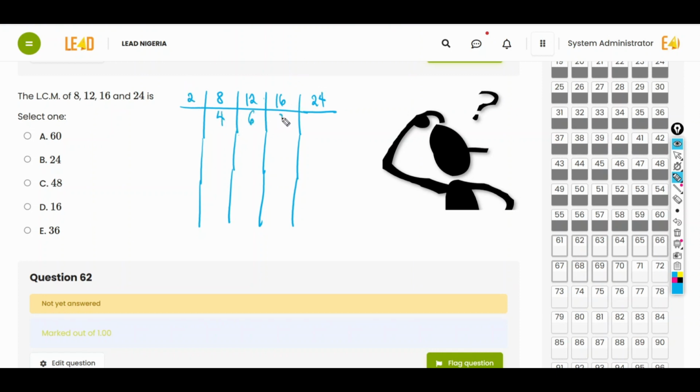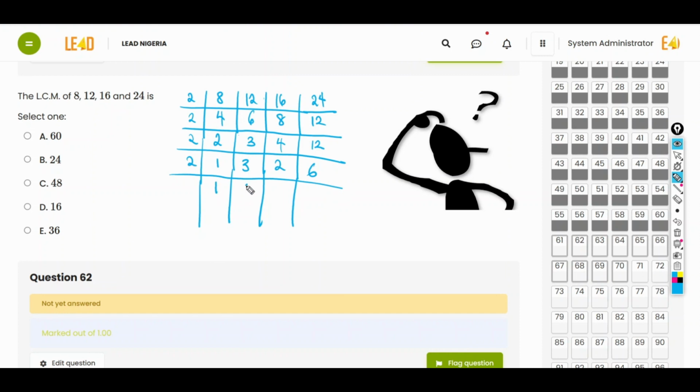We get 4, 6, 8, 12. We can work with 2 again: 2, 3, 4, 6. We can work with 2 again: 1, 3, 2, 3.